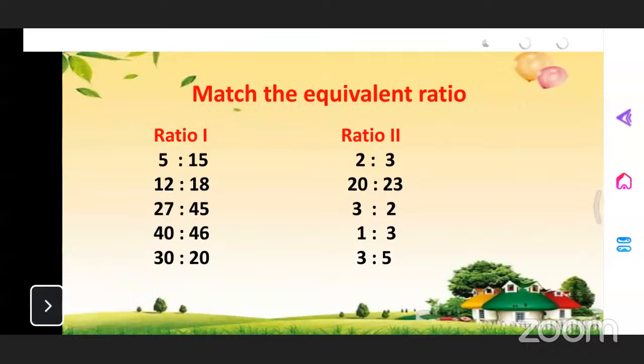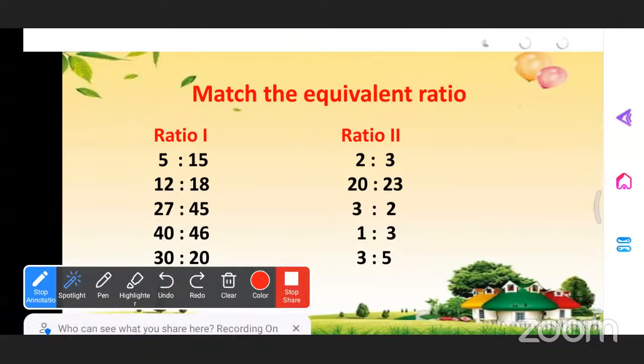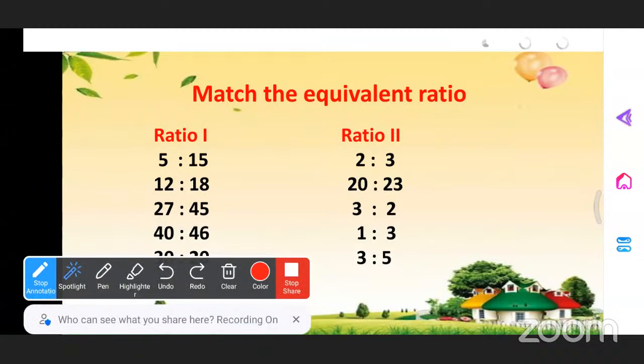Ma'am, for 5 is to 15, it is 1 is to 3. 1:3. We match the first one. Yeah, correct. Super.